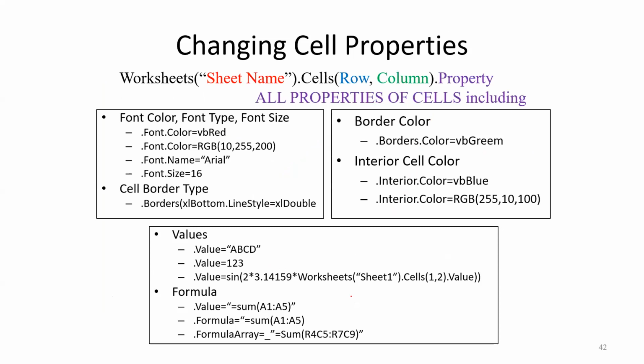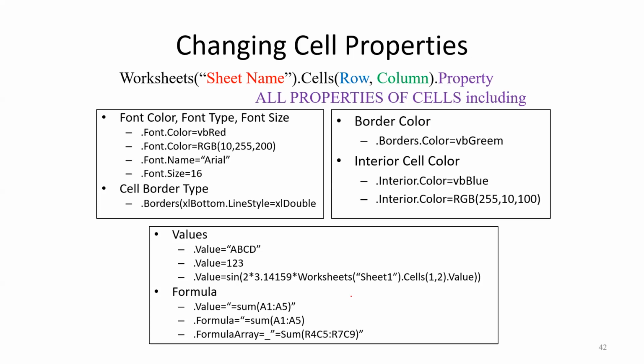Changing cell properties. Now we practice changing properties of cells, but we already know how to change the value property or content. But here you can see we can change by writing commands.